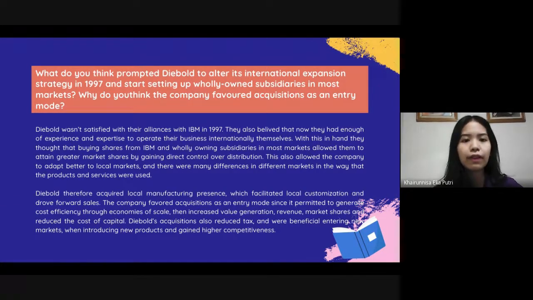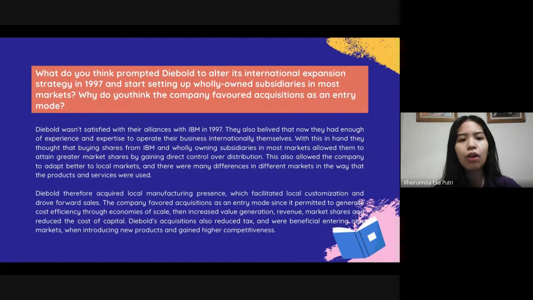They also believed that they now had enough experience and expertise to operate their business internationally themselves. With this in hand, they thought that buying shares from IBM and wholly owning subsidiaries in most markets allowed them to attain greater market share by gaining direct control over distribution.